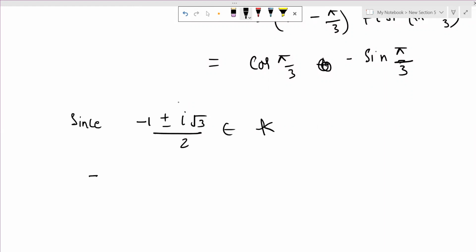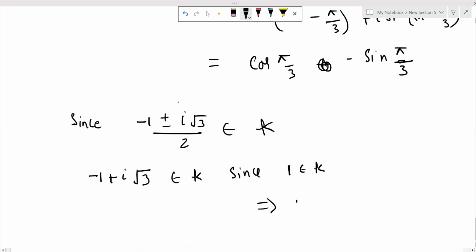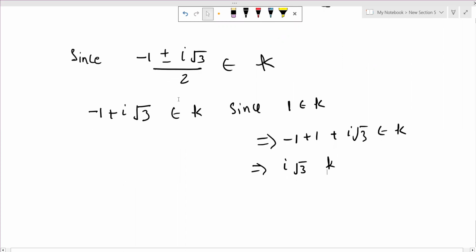This means minus 1 plus iota root 3 belongs to K. Since 1 belongs to K, this implies minus 1 plus 1 plus iota root 3 belongs to K. This implies iota root 3 belongs to K, right?